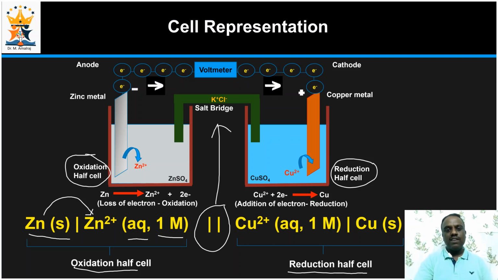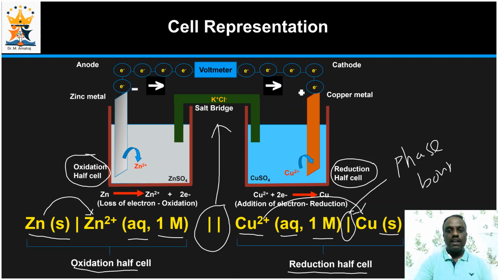In the reduction half cell, copper 2 plus is getting reduced to copper, that is, copper 2 plus ion from the aqueous 1 molar solution is reduced to copper. Since it is deposited on copper metal, it is mentioned as solid. And this single slash represents the phase boundary, that is, the electrode electrolyte interface where the cell reaction takes place.